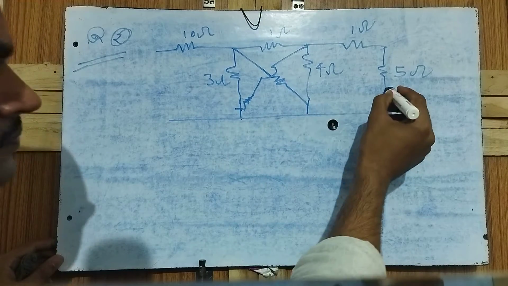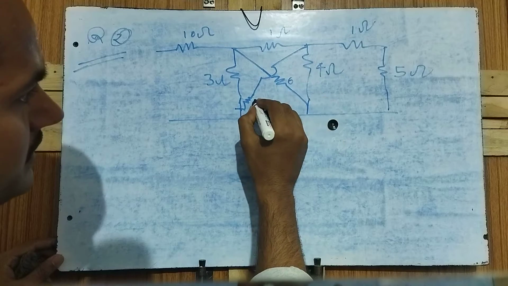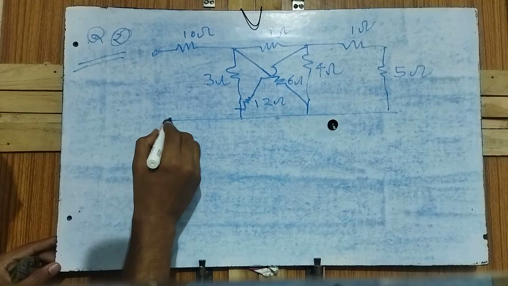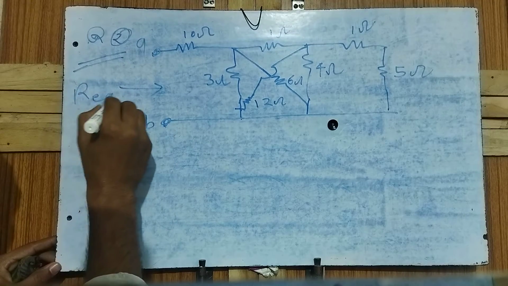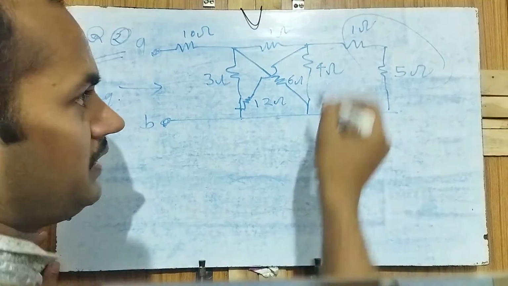So it is 6 ohm and it is 12 ohm. We need R equivalent between point A and B. So solve from this point.